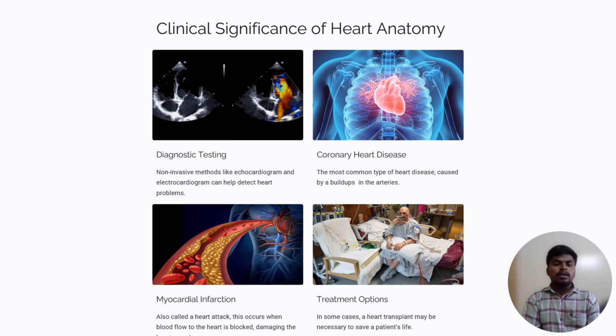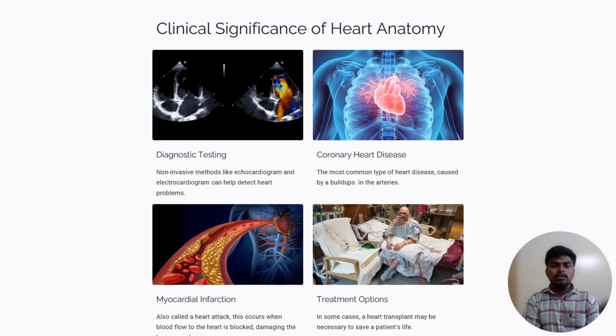Now, diagnostic testing: non-invasive methods like echocardiogram and electrocardiogram help to detect problems in the heart. It is a simple and very expensive treatment for people.